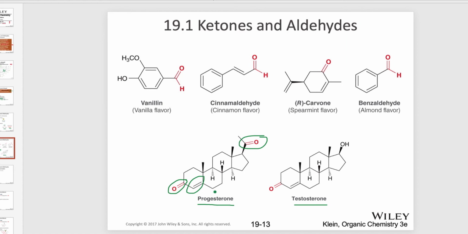We talked about conjugated systems. In testosterone, here we have the ketone in conjugation with a double bond. So know that these are common bonding patterns that we can encounter in nature. And the biology and medicinal chemistry and pharmaceutical chemistry can all be linked to some of the basic chemistry aspects.